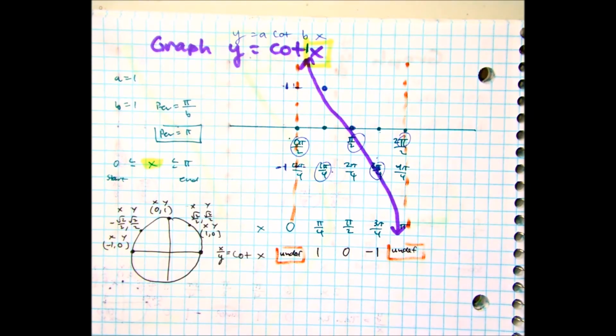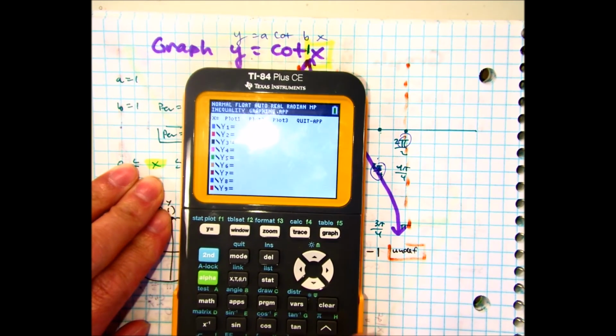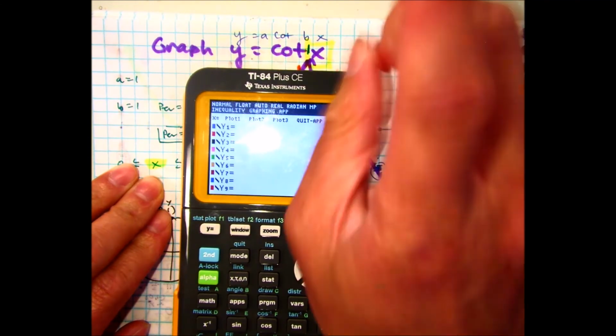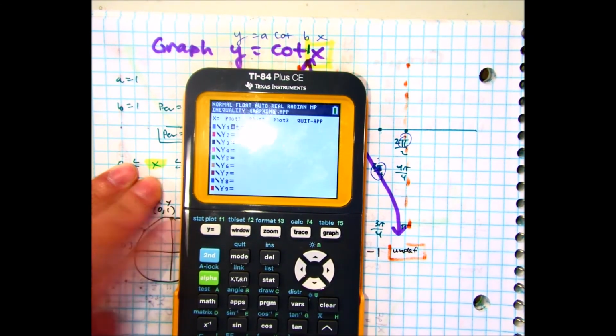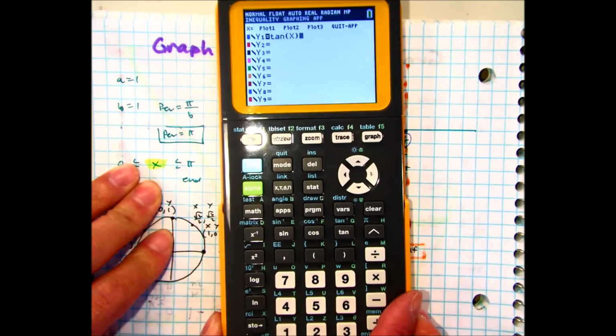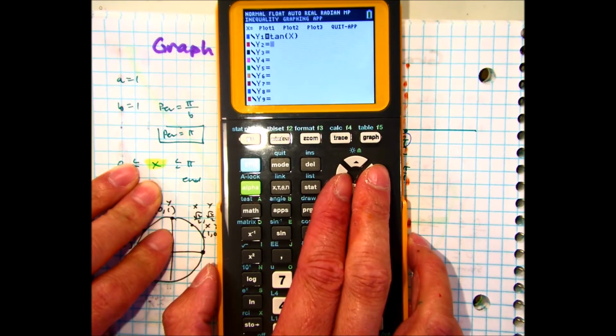Let me show you something with the graphing calculator. Now, here in this problem, I'm going to do a couple of things. I'm going to graph tangent of x, and then I'm going to graph cotangent of x. Class, where's the cotangent button?